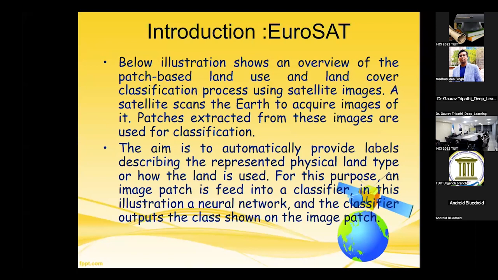So a satellite scans the Earth to acquire images of it, and patches extracted from these images are used for classification. They're also used for change detection. That is how we were able to see the volume of destruction that has taken place in the war between Russia and Ukraine, or for that matter, between any two countries.